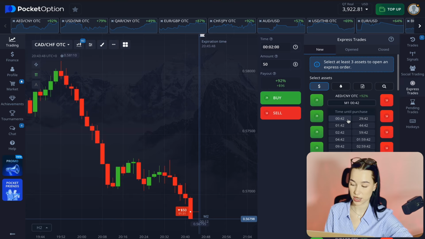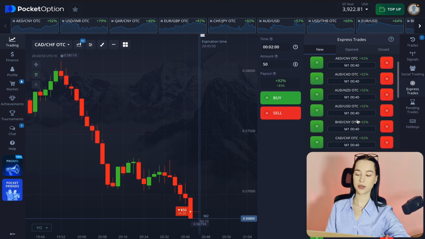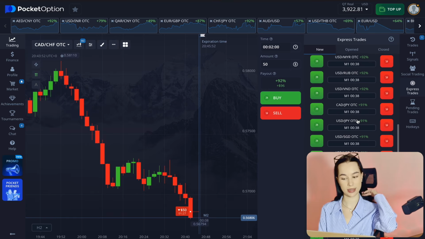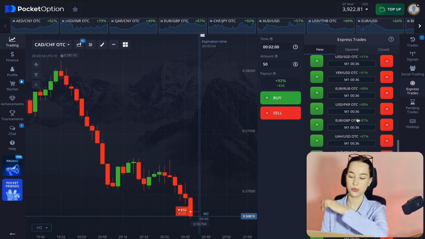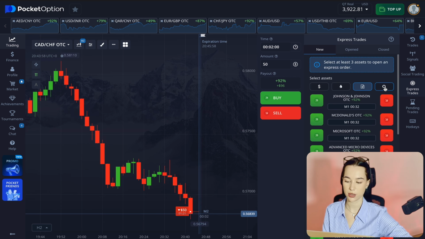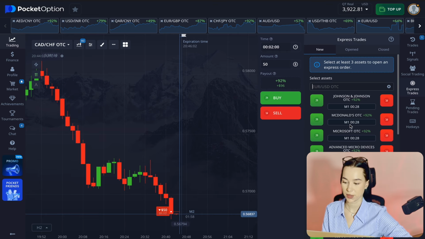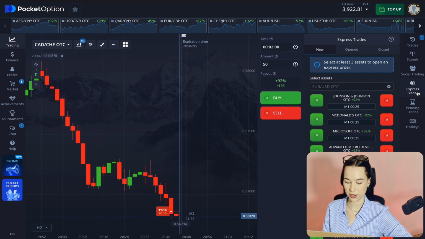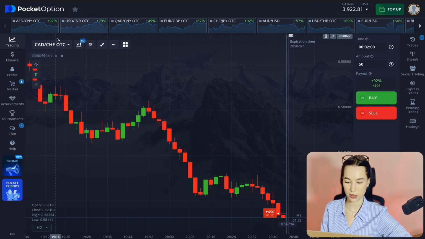Also, you can choose another time, but still, it's better not to open trades absolutely blindly and make a decision by yourself. Even if you're following someone's signal or something else, always check it by yourself. So that's how you can select the asset. So let's add this currency pair to the favorites. As you can see, it's going pretty well.